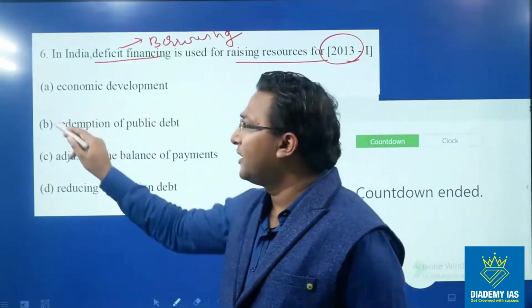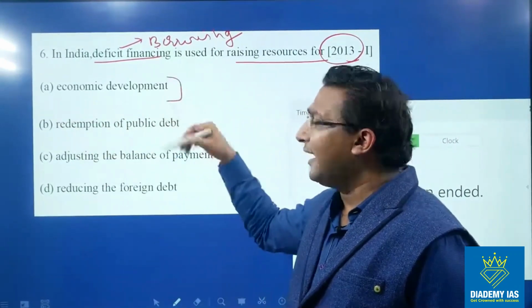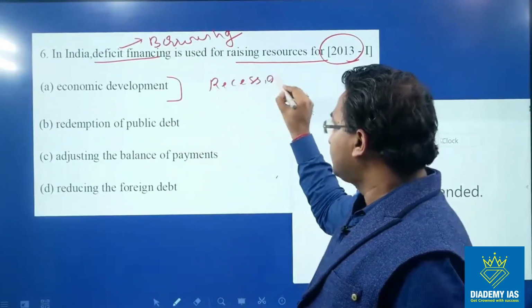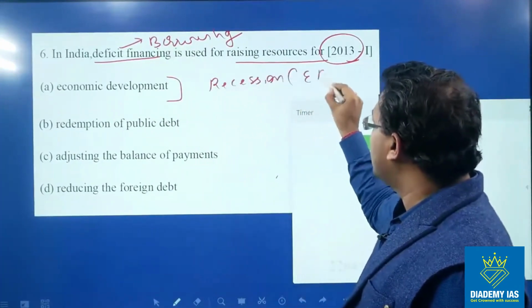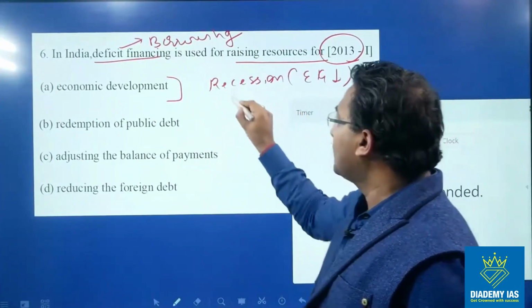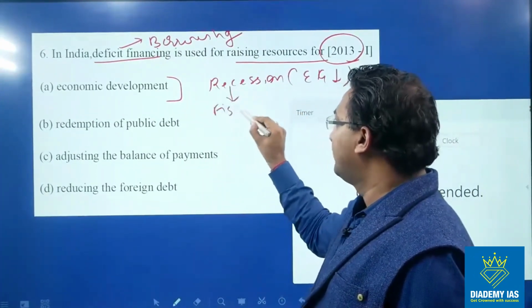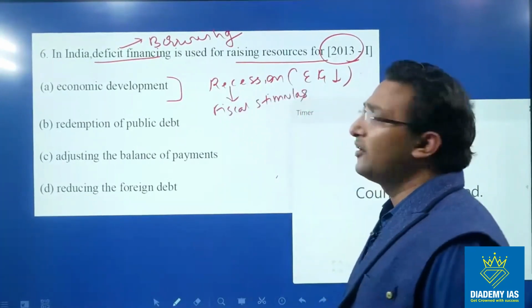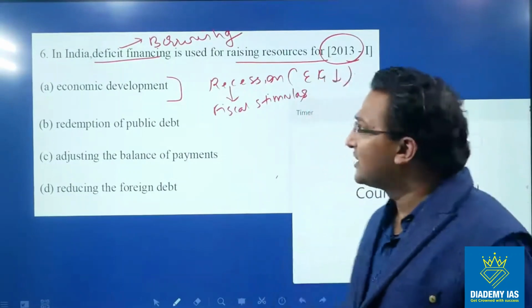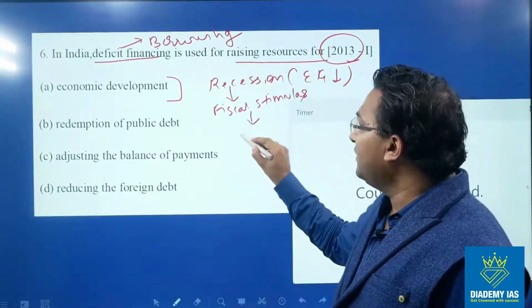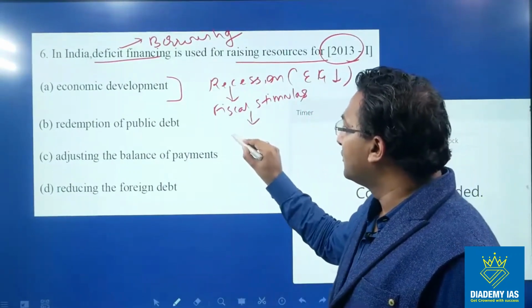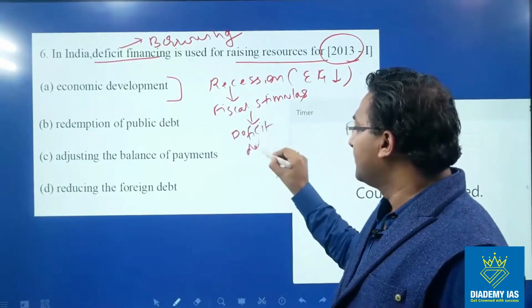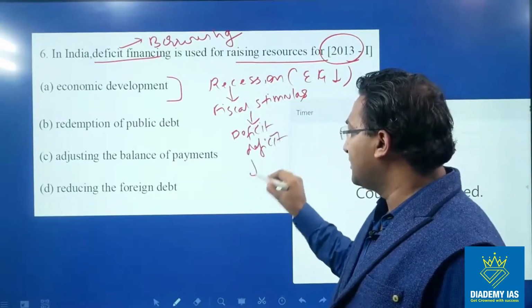A, economic development. Yes, this can be so for economic development, because whenever there is a recession, that means the economic growth rate is reducing, then the government goes for a fiscal stimulus. Fiscal stimulus means the government increases the expenditure and reduces the tax rates. So in such cases, there will be a requirement of deficit financing, and because of this deficit financing, the economic growth rate can increase, right?